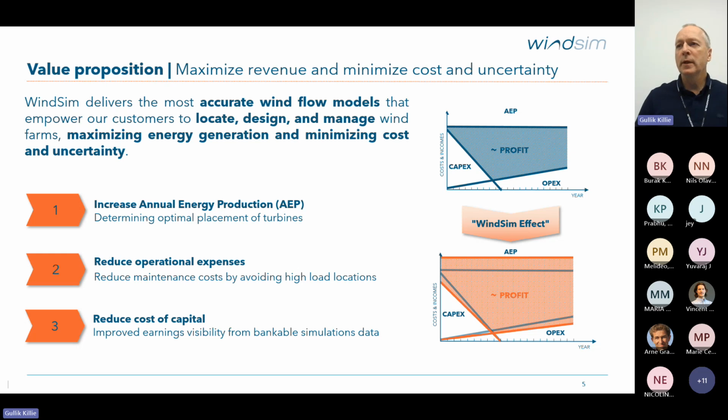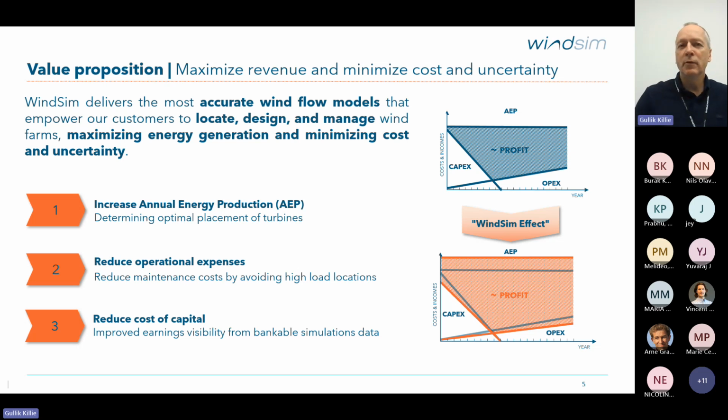The value that we try to bring to you is through our accurate wind flow models that, based on that information, you will be able to design parks that produce the most possible energy on a specific site by positioning the turbines at the optimal position.